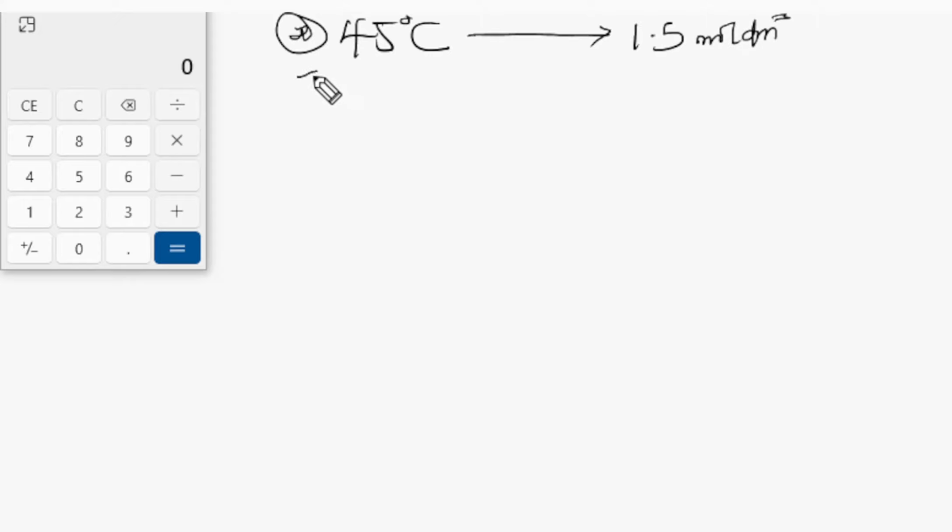So at 20 degrees Celsius, the solubility went down to 0.5 moles per dm cube.